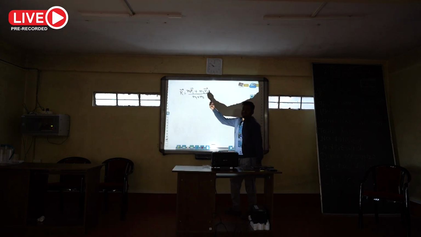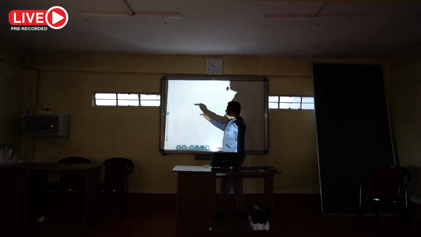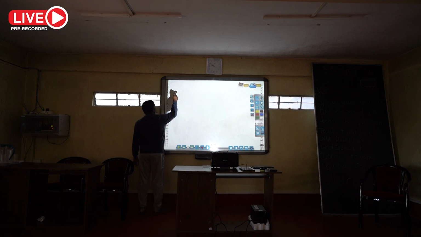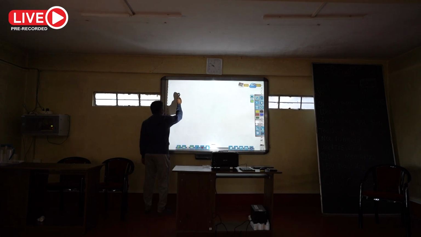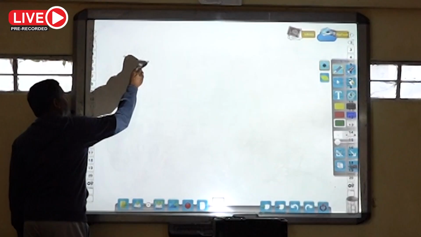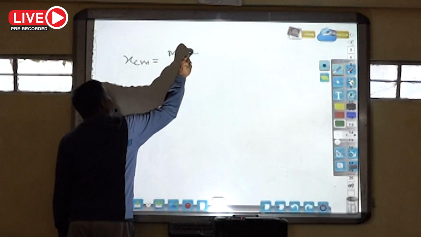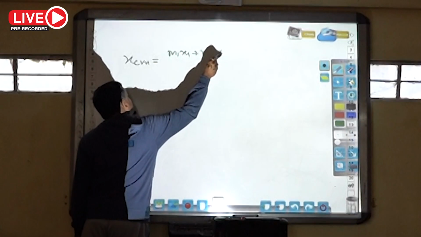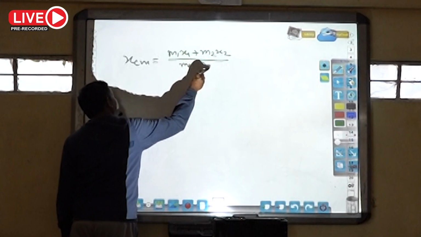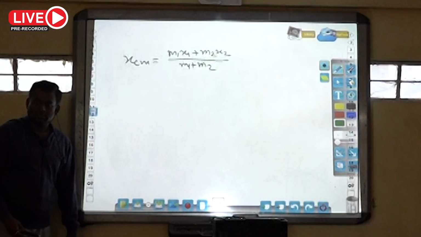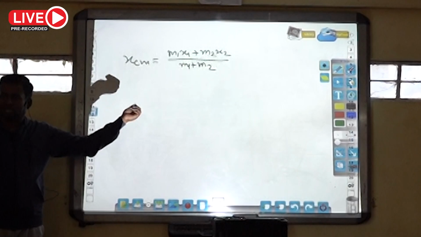If I write this equation in one dimension, what will it give you? x_cm equal to m1 x1 plus m2 x2 divided by m1 plus m2. If it is moving along a straight line, then we take only one dimension.